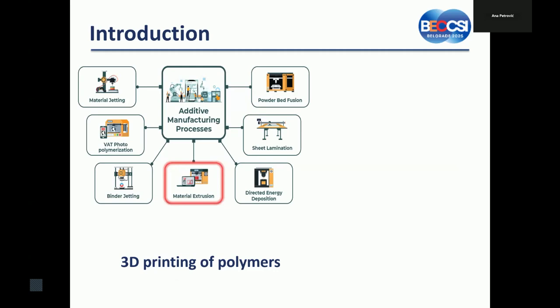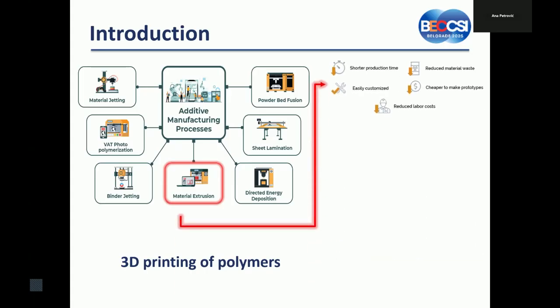Additive manufacturing for polymers has become widely used nowadays, and material extrusion is one of the most used additive manufacturing techniques in rapid prototyping.